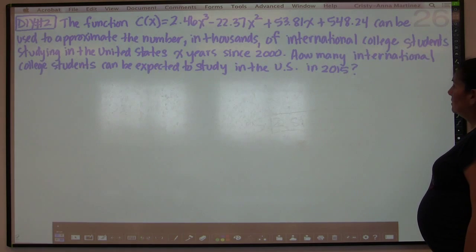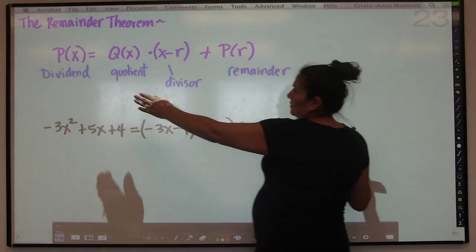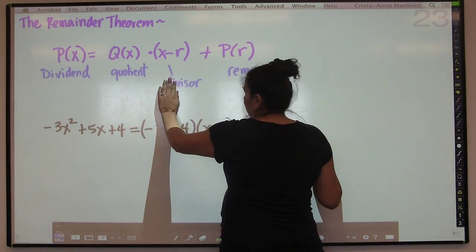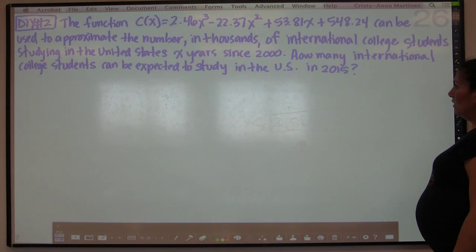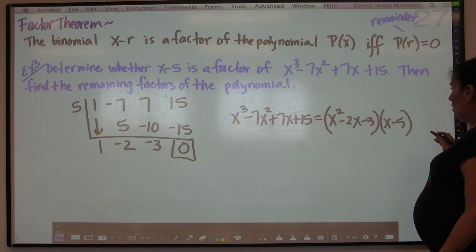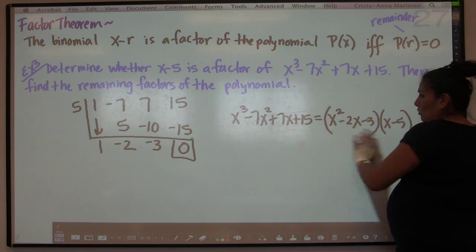And that is, in case you don't remember, this guy right here. Dividend equals the quotient, the answer, times the divisor plus the remainder. But in our case, the remainder is 0, so we're not really adding anything here. So basically, if I multiply these two together, I will get that.